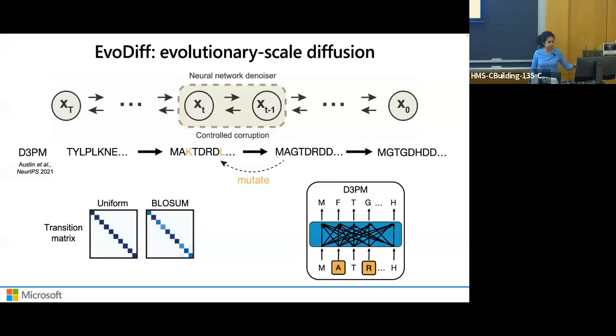Maybe my question is very basic, but if there's a deletion and insertion kind of complex variation happening, can you model that? Yeah, so in this case, the task is to just generate a single protein amino acid sequence.